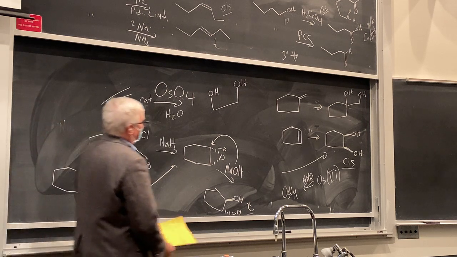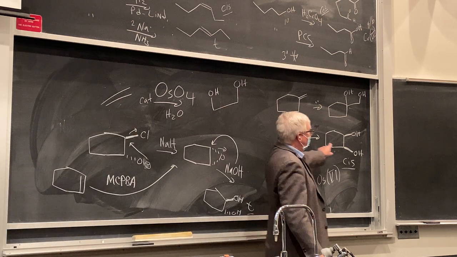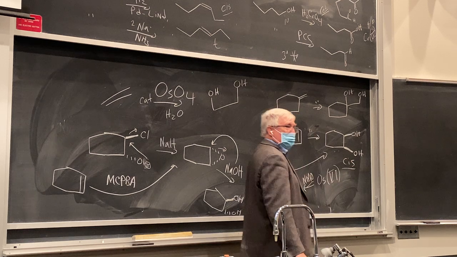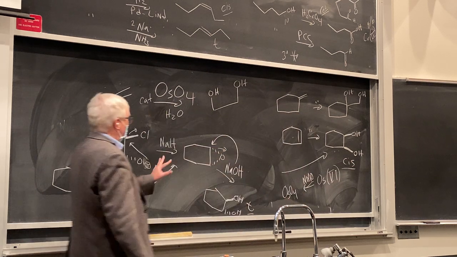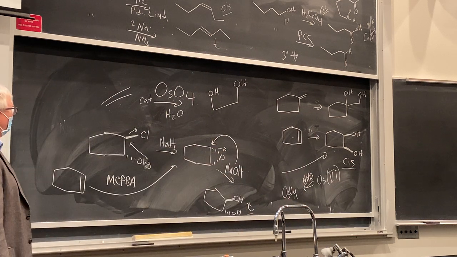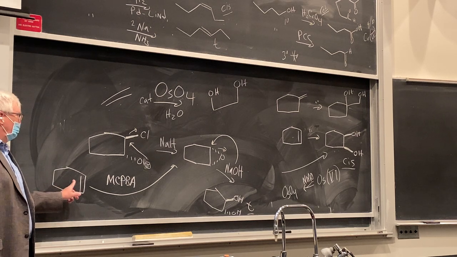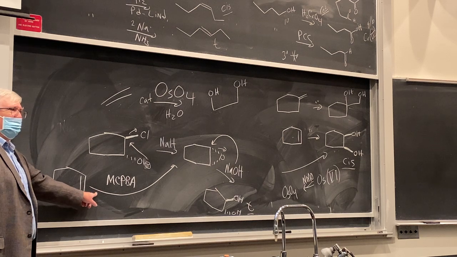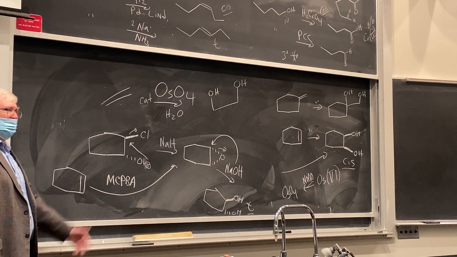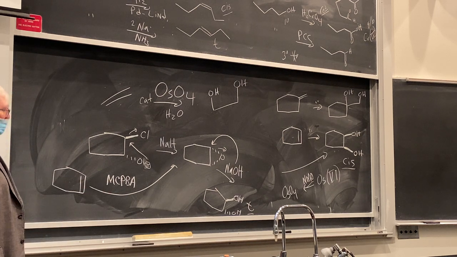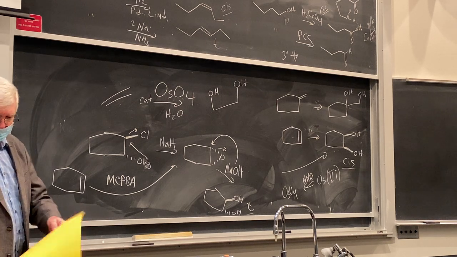Transdiol, whereas osmium directly gives the cis, okay? So it's good to keep track of these and relate it to previous reactions, what we've talked about. And this is also from this chapter 12, right? Forming the epoxide instead and opening it up to form a complementary diol. So that gives you a lot of power over that.